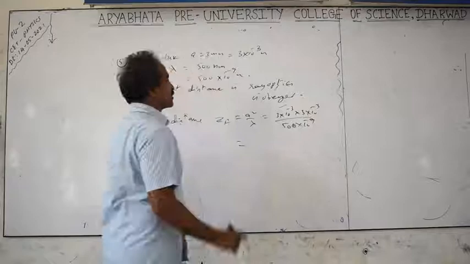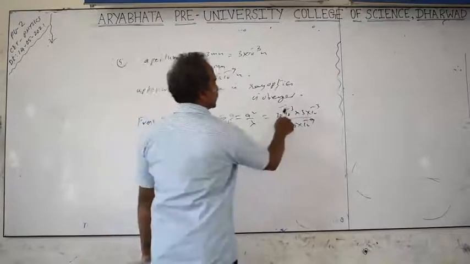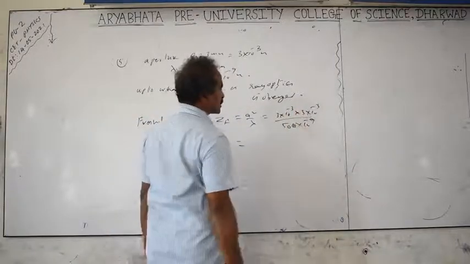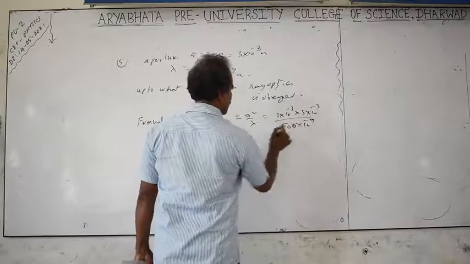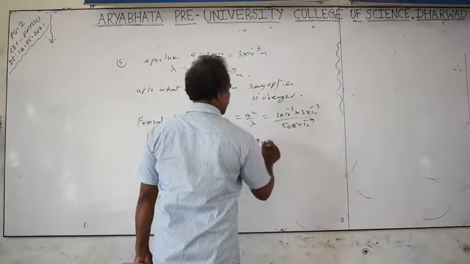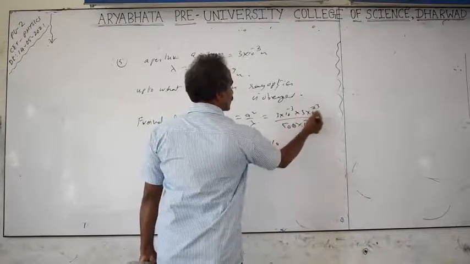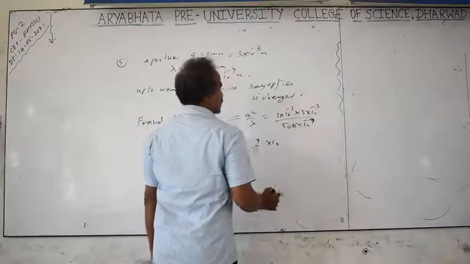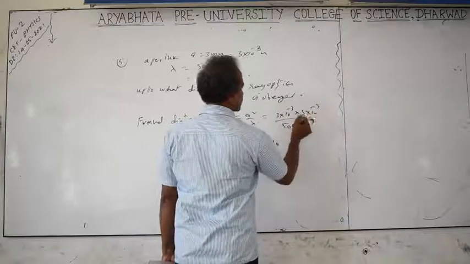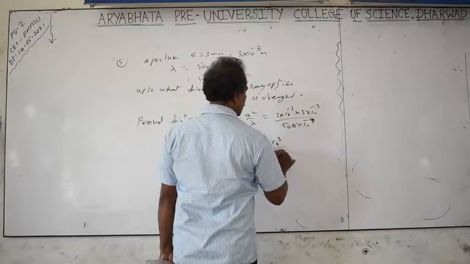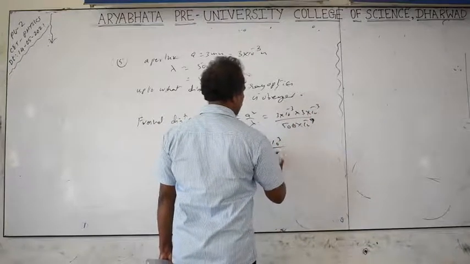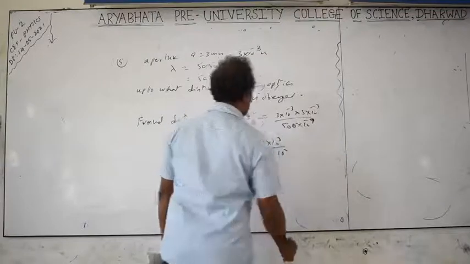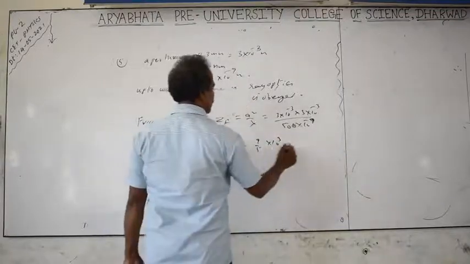Minus 9 taken to the numerator becomes plus 9. Minus 6 plus 9 is plus 3. So 3 times 3 is 9, 9 by 5 into 10 to the power of minus 6. Minus 6 plus 9 is plus 3, divided by 10 to the power of 2 which I separated. Minus 2 means 90 by 5 we will get.